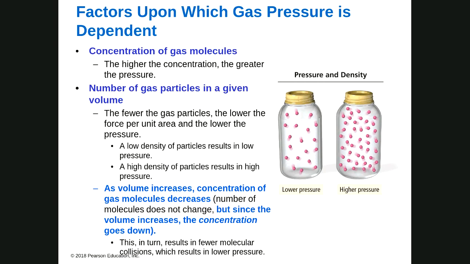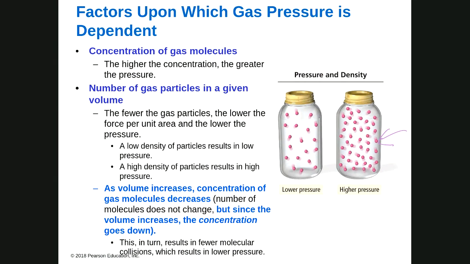Looking at these individually, the concentration of the gas molecules: the higher the concentration, the greater the pressure. So if I keep the volume the same and I increase the number of particles, then I'm going to increase the pressure. Low density particles results in low pressure, high density results in high pressure. The more I have, the higher that pressure is going to be.